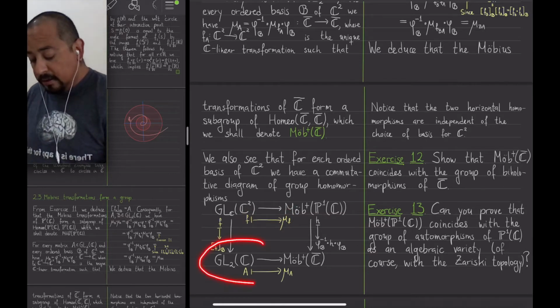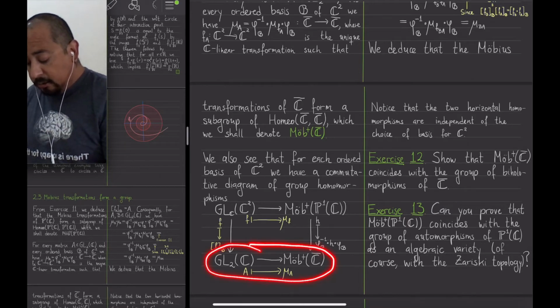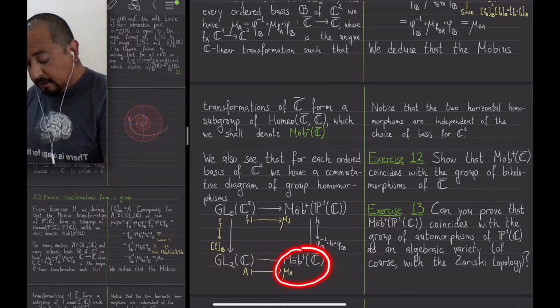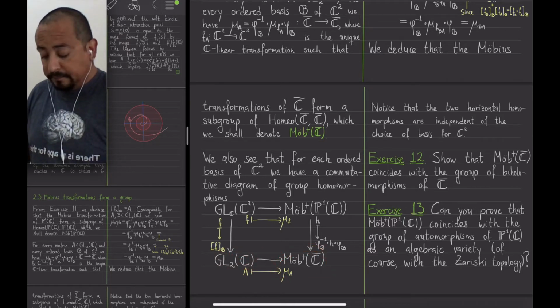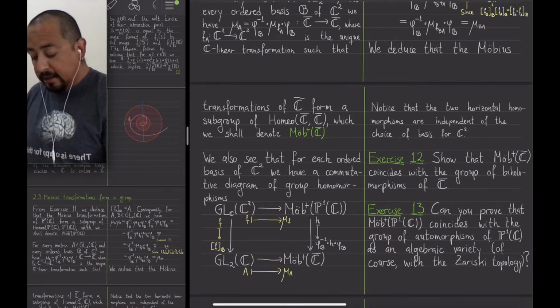On the other hand, the group homomorphism that to each invertible 2 by 2 matrix with complex entries associates its Möbius transformation of C bar. These are the associations so far of assigning to something a Möbius transformation.